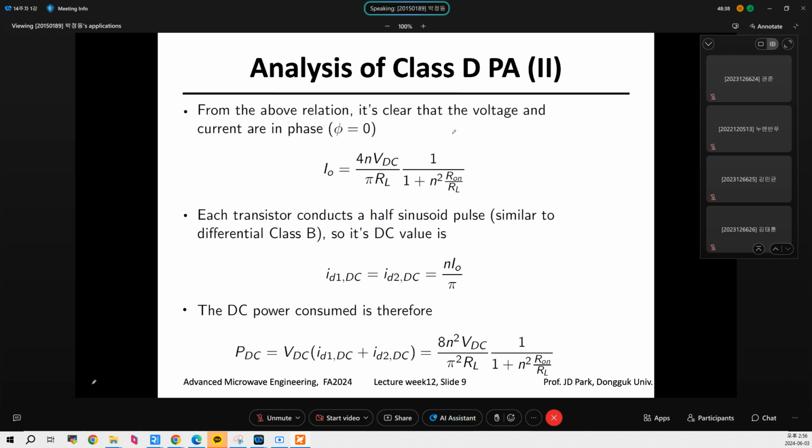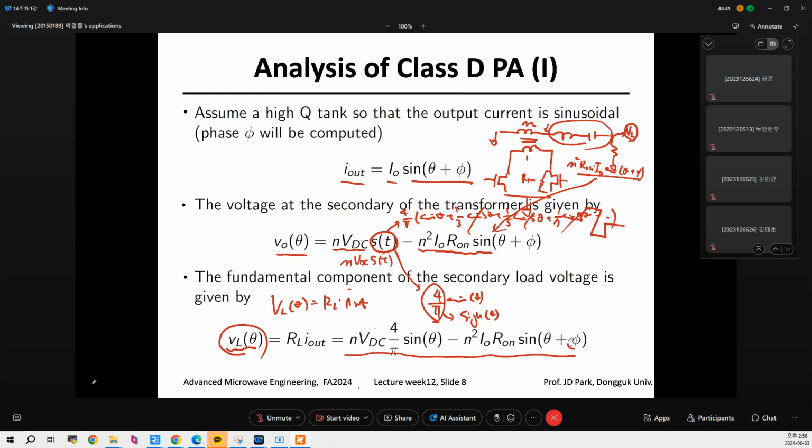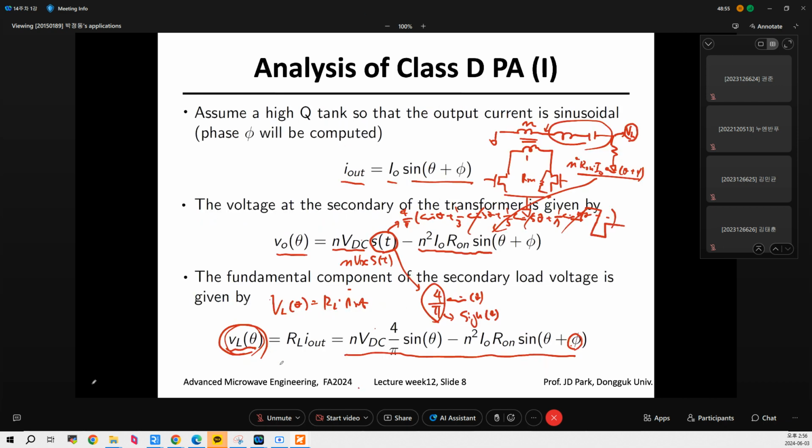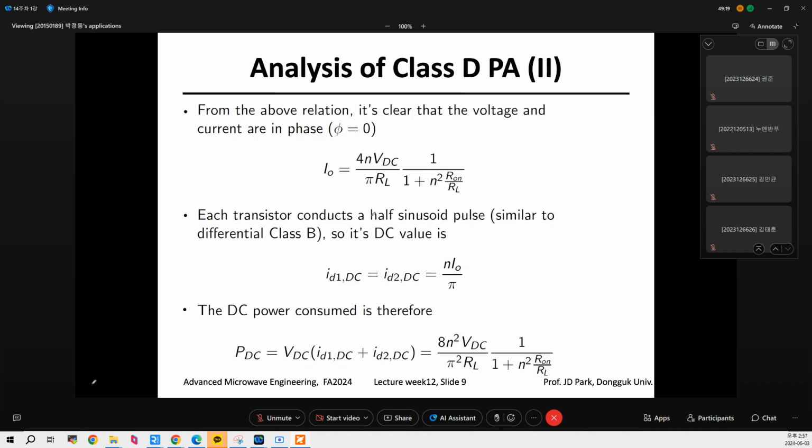We just assume pi is 0 for the maximum. If those are in phase, then this becomes the largest. So from this relation, RL I out equals N VDC 4 over pi minus N squared I out R on, and we just rearrange it for I0.